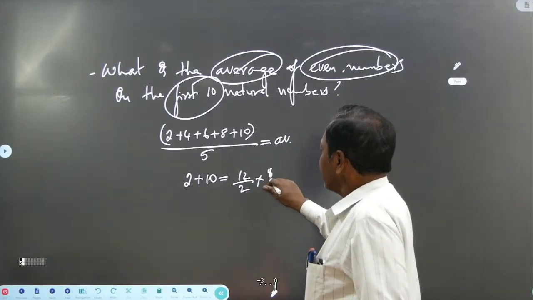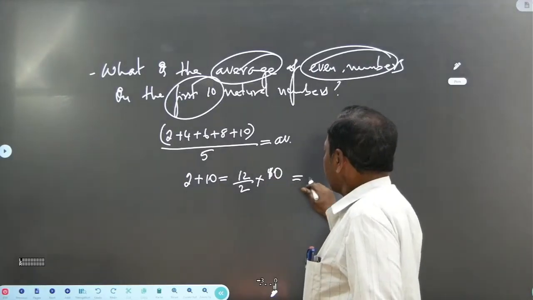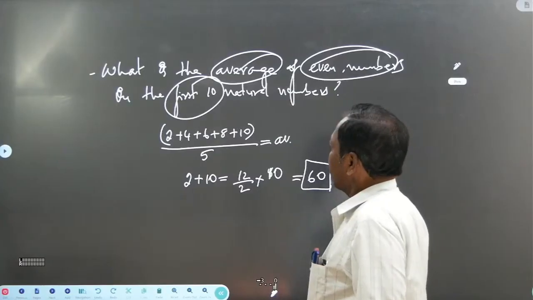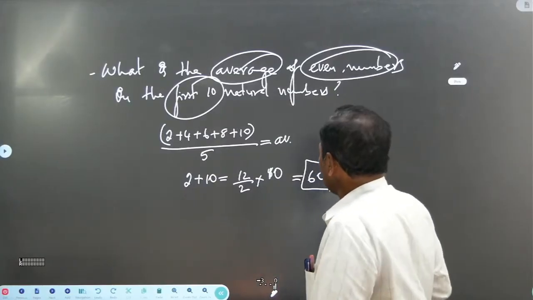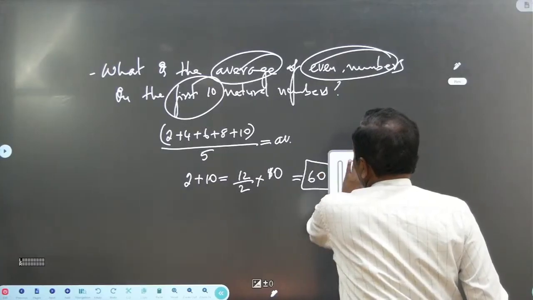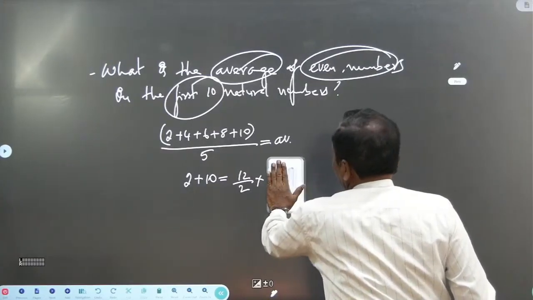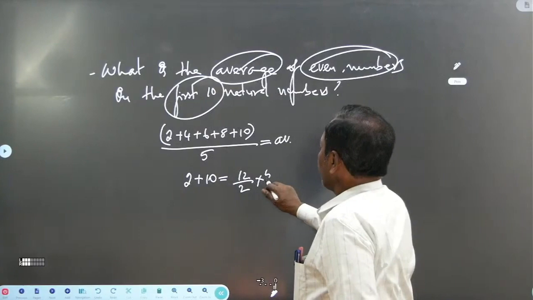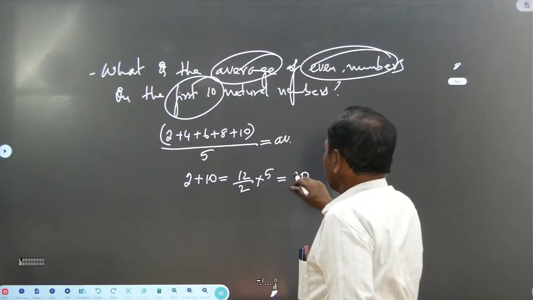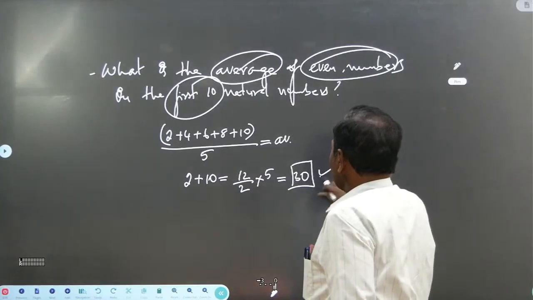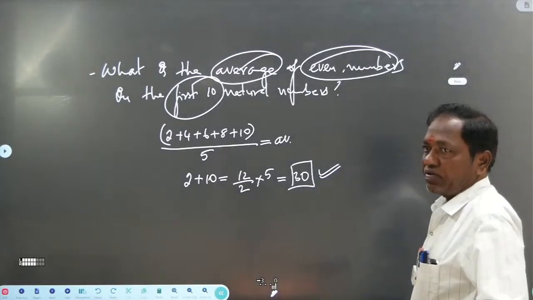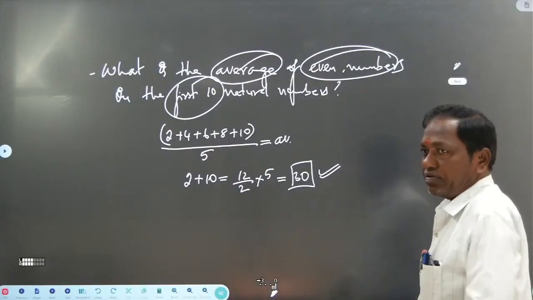You take 10 observations... so 60... 5 into 6, it means 30. Right. Because in the 10 natural numbers, odd, even, odd, even, odd, even, odd, even, 5 even numbers will be there. That is how it can be done.